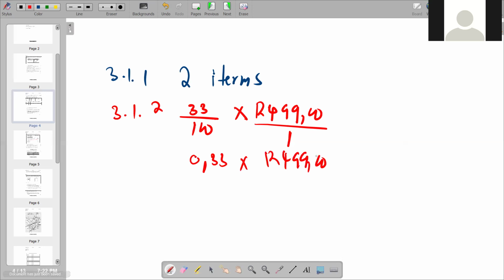So let's calculate it and see what we get. And we are going to get 164 rand 67 cents. So your answer becomes 164 rand 67 cents. So this is basically the discount.